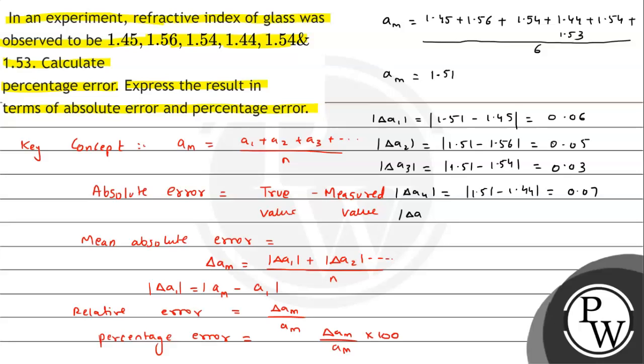For mod of delta a5 we will write 1.51 minus 1.54, that is 0.03.